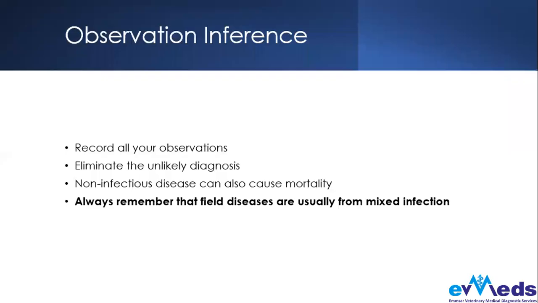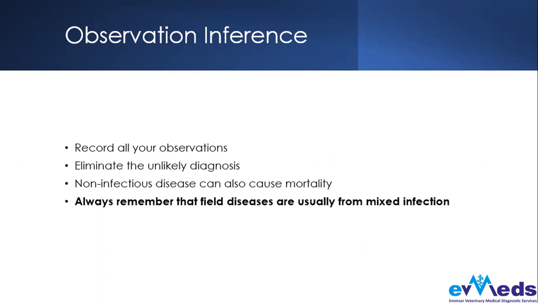In order to get information about what is wrong with the birds, what can you infer from all of these long stories? Number one is that for you to make a reasonable inference, you have to record all your observations. If you have observed all the things I've said, anyone that you've seen has a problem in all of those, make sure that you record all your observations.